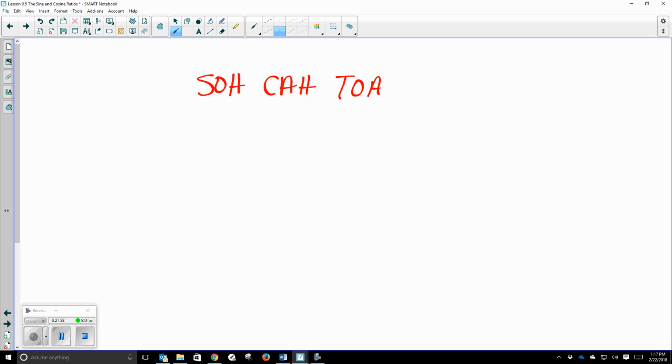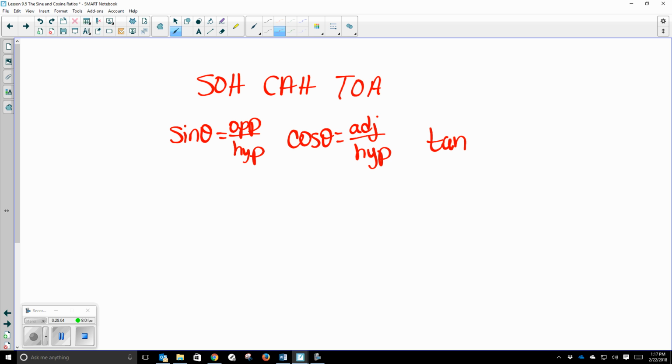And what is this called when you have letters representing words? Acronym. So sine of the angle, I don't care if you put theta or x or whatever here, is equal to opposite over hypotenuse. Cosine of the angle is equal to adjacent over hypotenuse. Tangent of the angle is equal to opposite over adjacent.